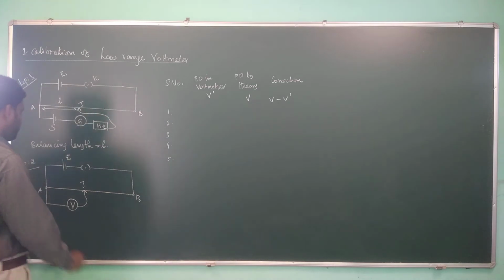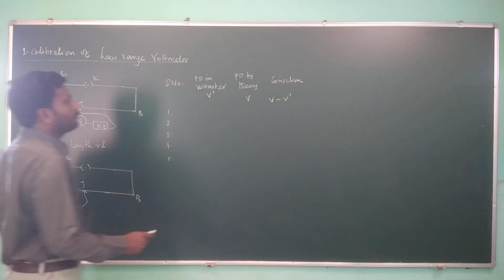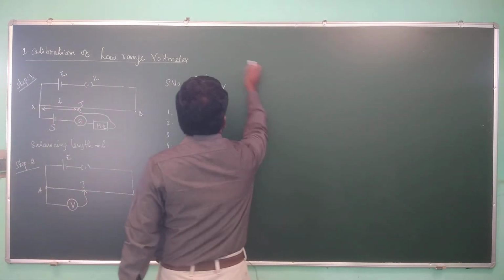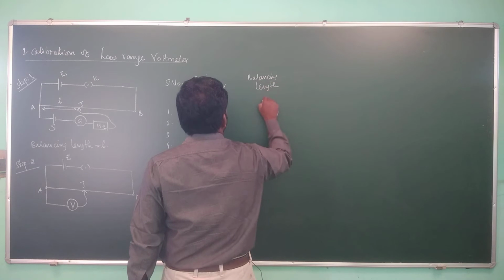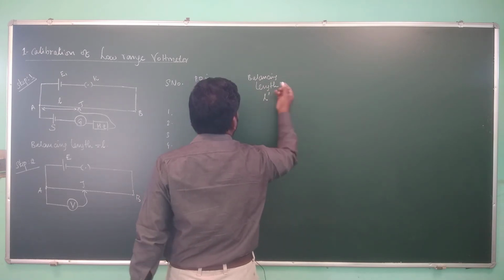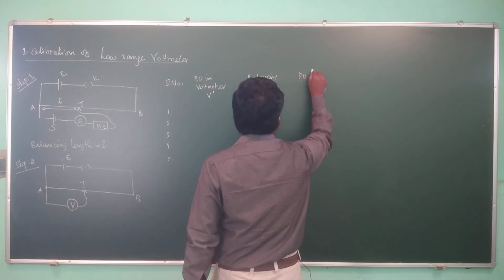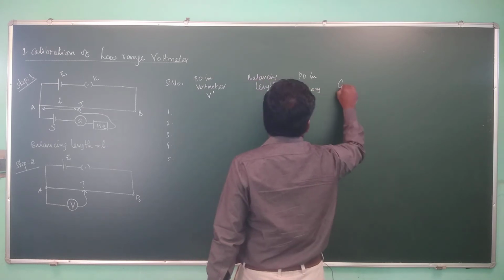What we have to do is move this sliding point and set it on another point, and note the balancing length, you can say L prime, then PD through theory, then correction.